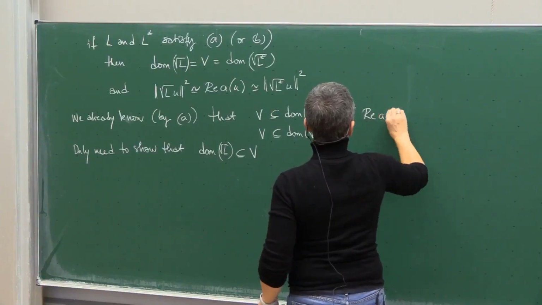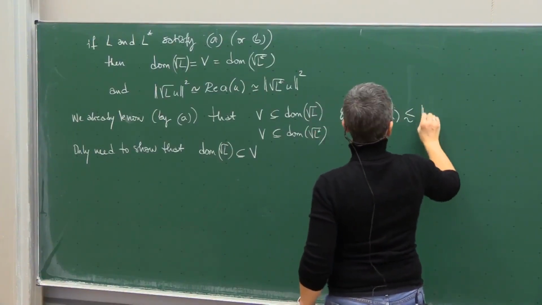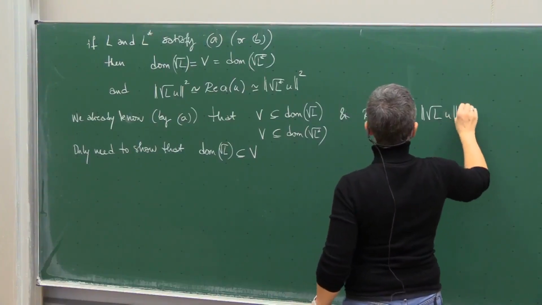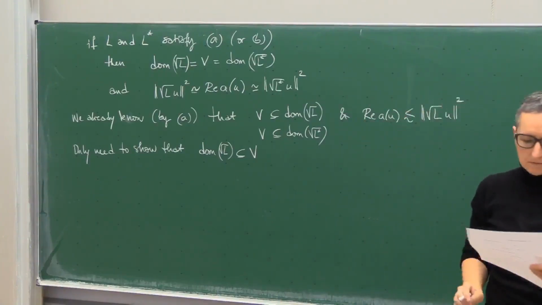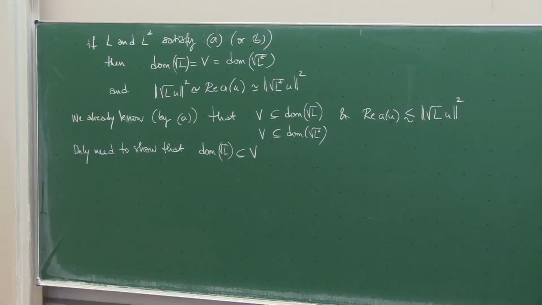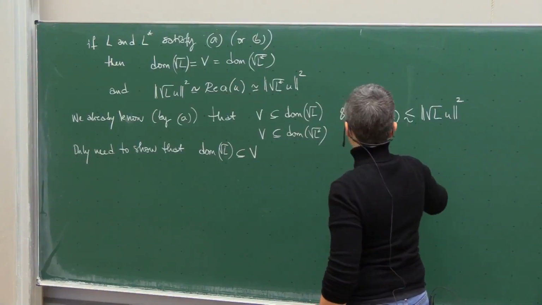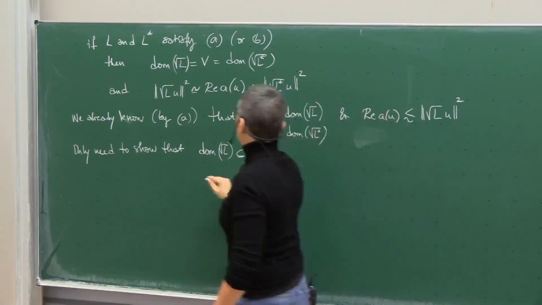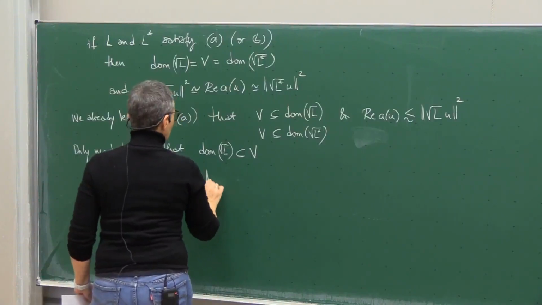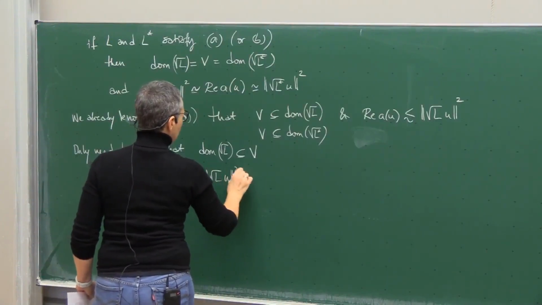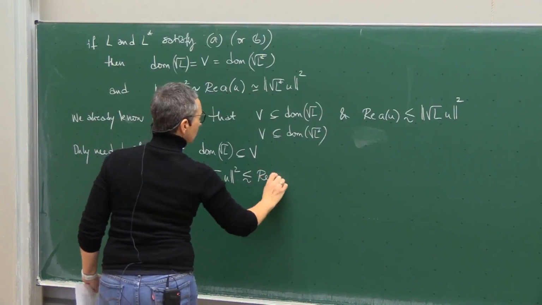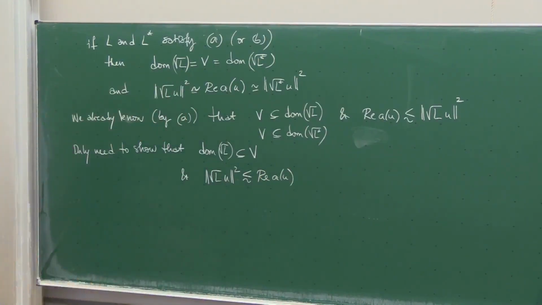So we know that the real part of A of u is controlled by the square root of L u squared. Is that correct? Yes. And the other way around would be the square root of L u squared controlled by the real part of A of u. No, the other way around. Sorry.